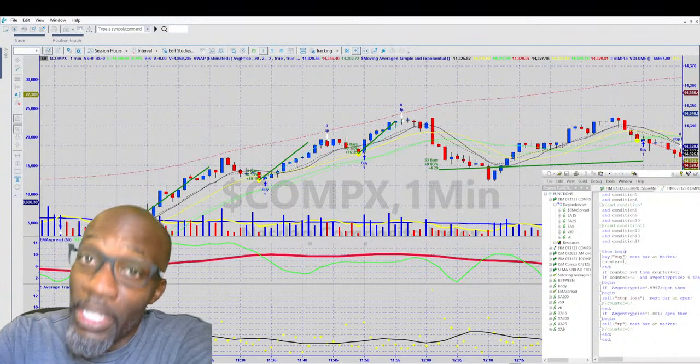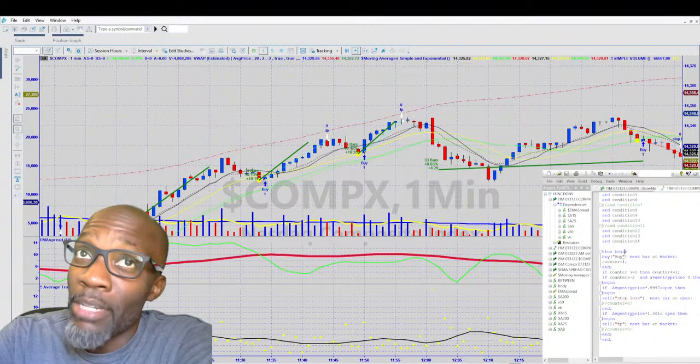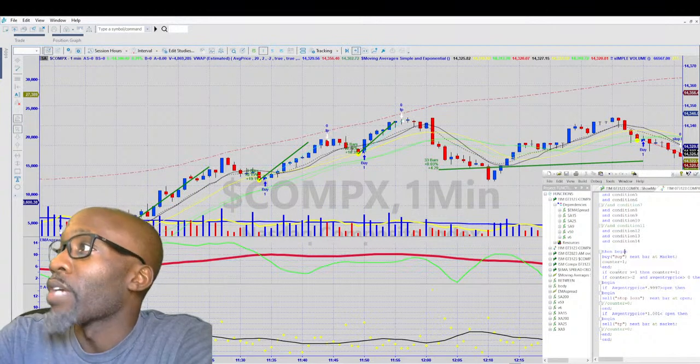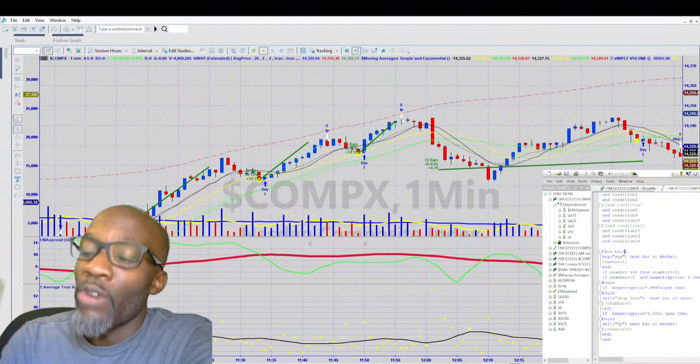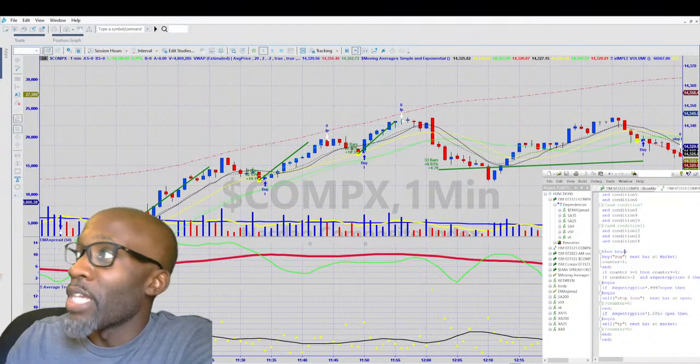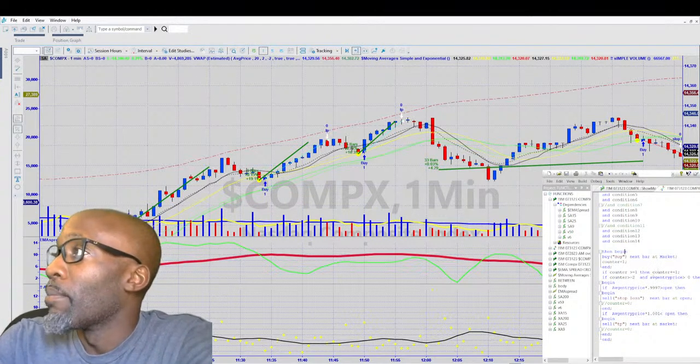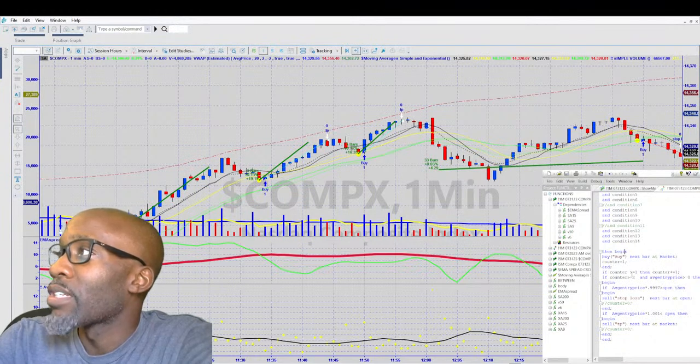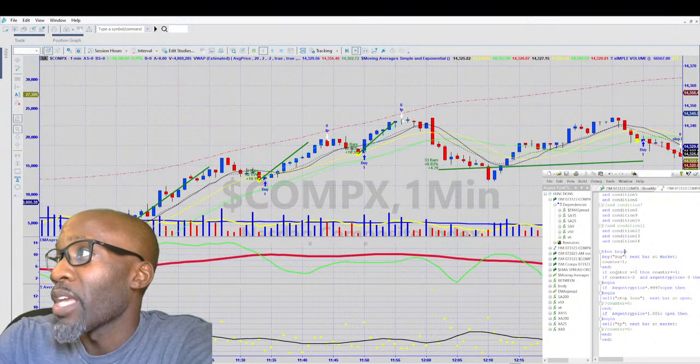So the counter is always 0 unless you buy something, and now it's at 1. Now if the counter is 1 or greater, for every bar it keeps getting higher. Actually, I guess I wouldn't even have to continue adding to the counter. I just go to 1. Yeah, I could probably take this out.